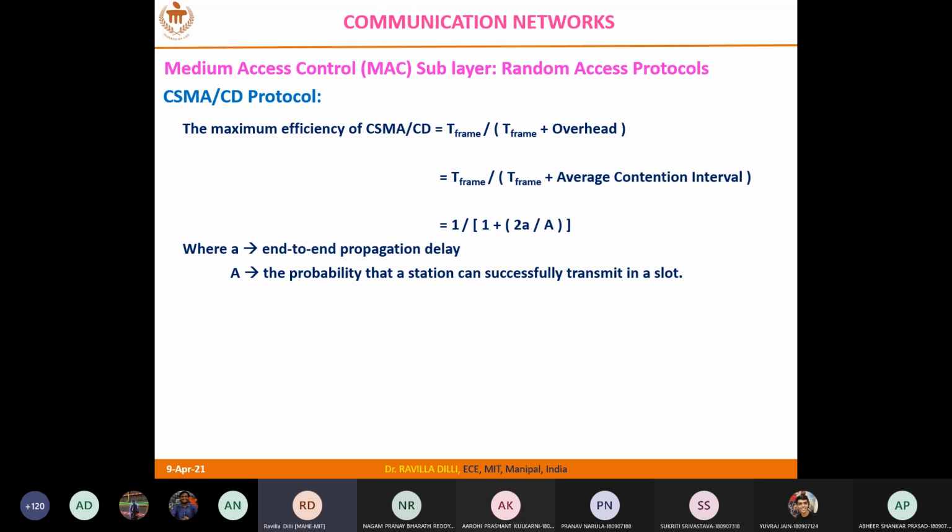So keeping all that in mind, it is 1 by 1 plus 2a over capital A. Small a is the T-prop and capital A is the probability that a station can successfully transmit in a slot. So A is not the ratio as we defined in the earlier lectures. Previously we defined A as the ratio of T-prop to T frame, but in this formula it is just the T-prop.